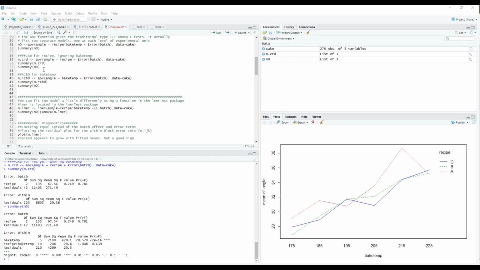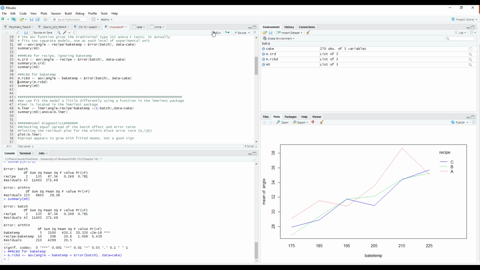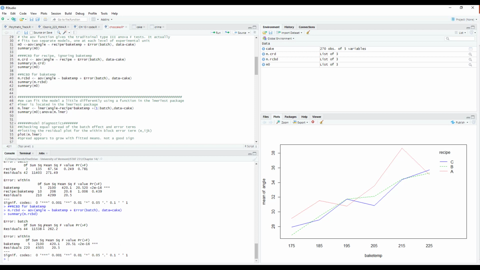We can do the same thing for a randomized complete block design, ignoring recipe, just looking at baking temperature. We'll fit the same model that we had, just now we're deleting recipe. And if we look at it, we have the same sums of squares for bake temperature that we did earlier, but the degrees of freedom are different, and the sums of squares are different.